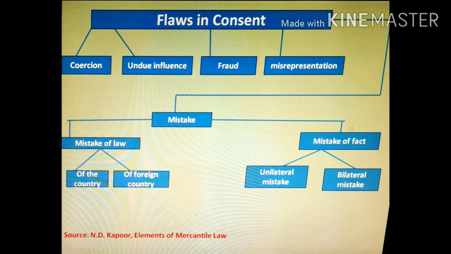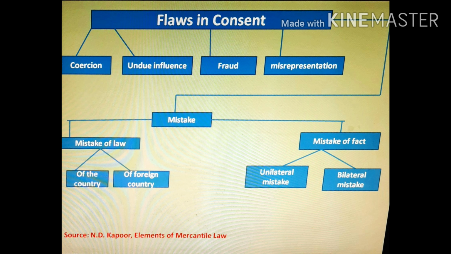The first flaw in consent that makes it invalid is coercion. It is defined in section 15, undue influence defined in section 16, fraud defined in section 17, misrepresentation defined in section 18, mistake defined from section 20 to 22.